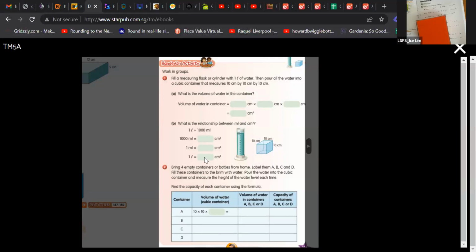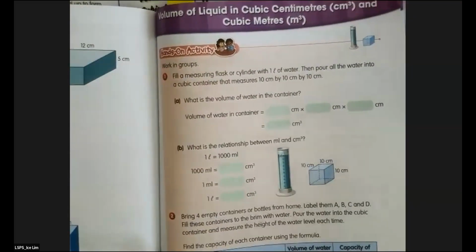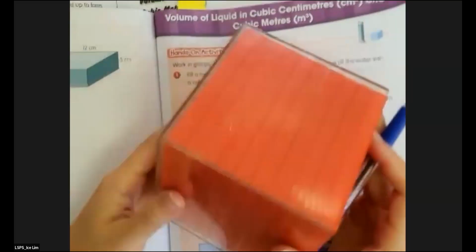Okay, that is page 131. Over here, this is the container.